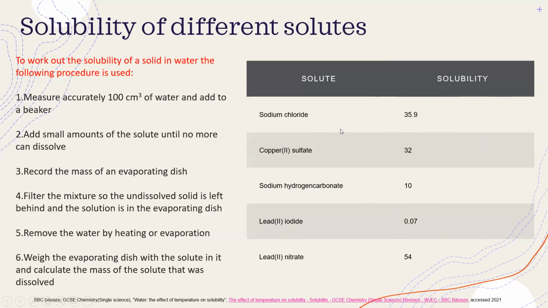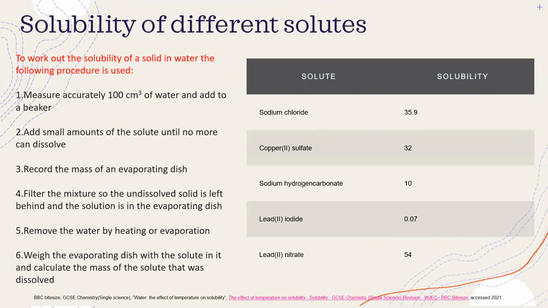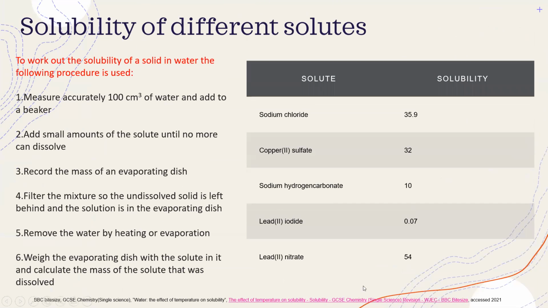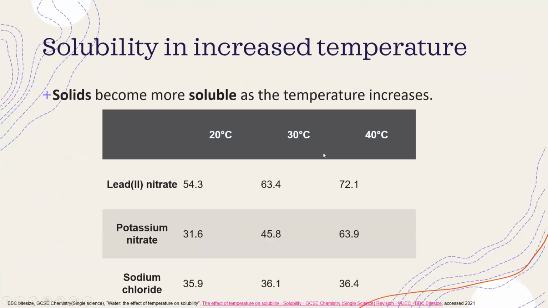And as we go to the next slide, sorry, I just realized I read that wrong. Lead nitride was the most soluble, and yeah, lead iodide was the least soluble. But as we go to the next slide, we can see that as the temperature increases, the solids or the solutes become more soluble.